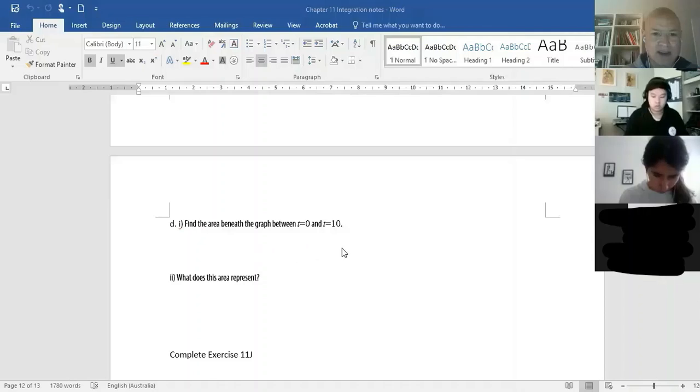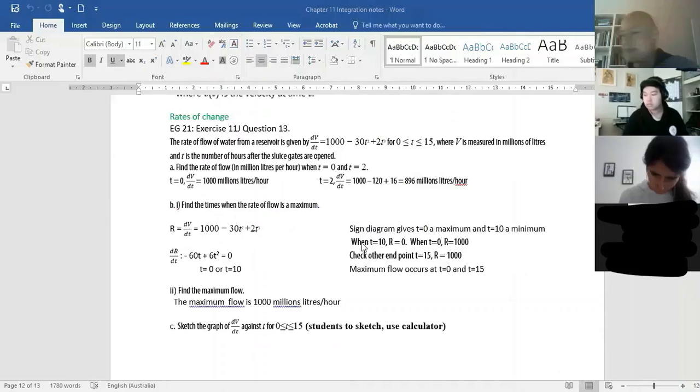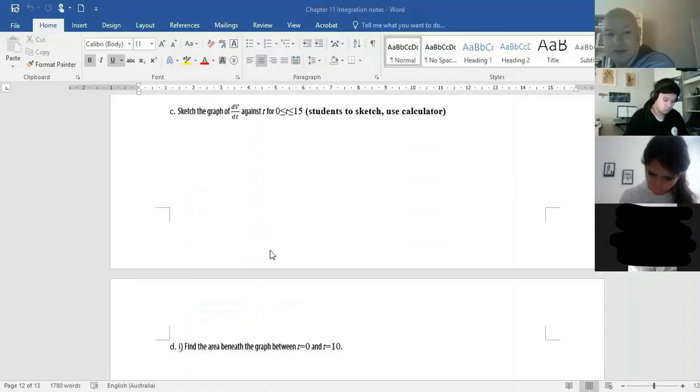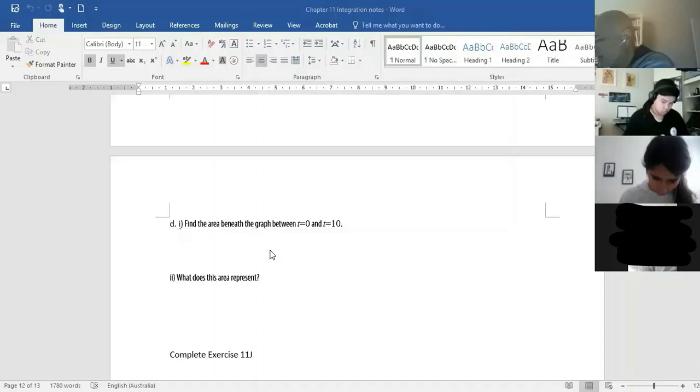an answer. Has anyone got the answer for the area between 0 and 10? Not yet? It should be, D should be 5,000.